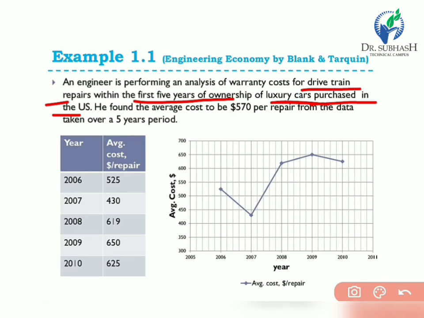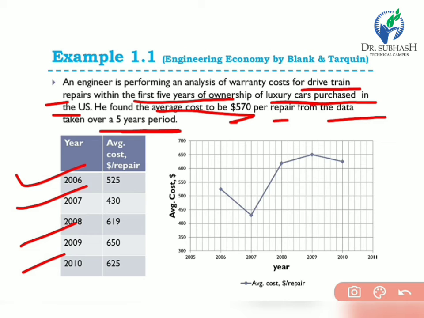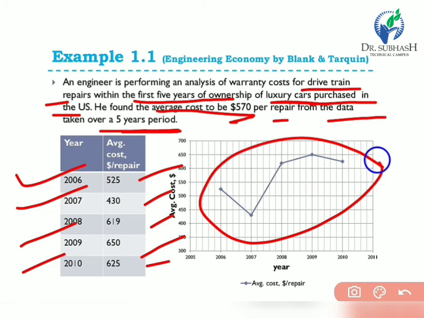He found that the average cost is $570 per repair from the data taken over a 5 year period. So here the data is given for 5 years, 2006, 7, 8, 9 and 10, along with the cost per repair. Here we show a graph of it.